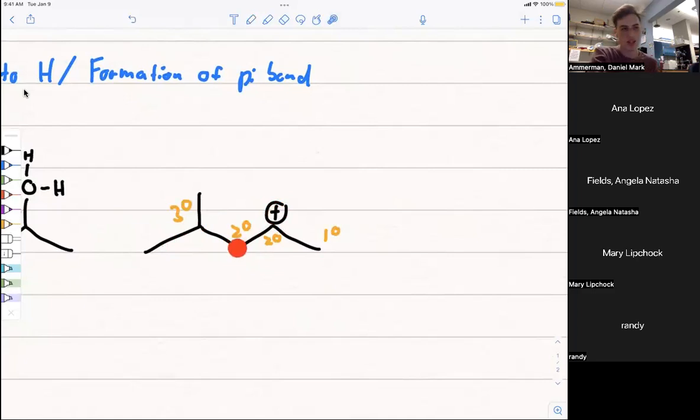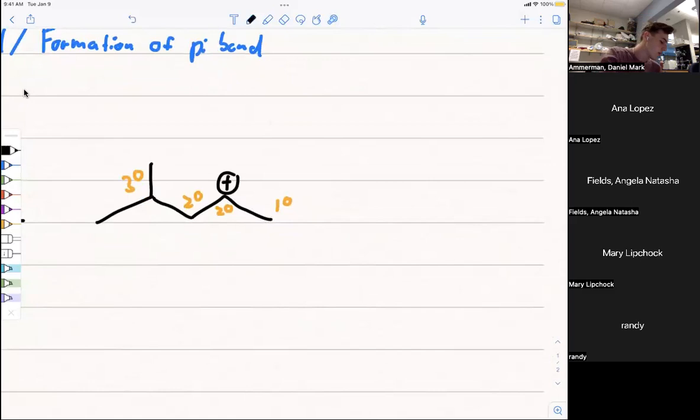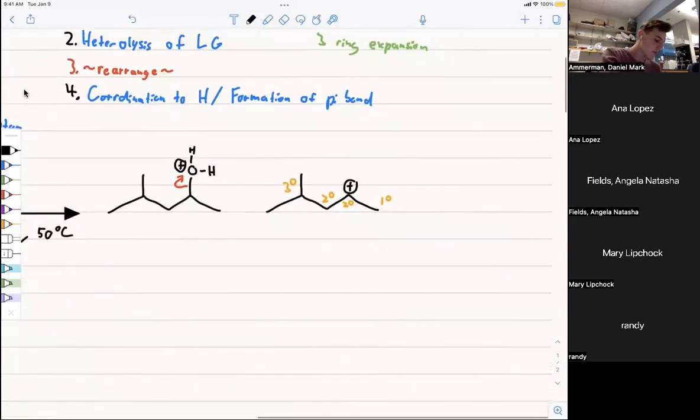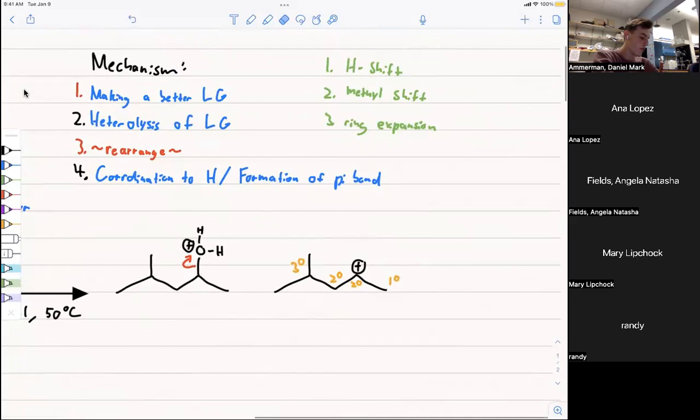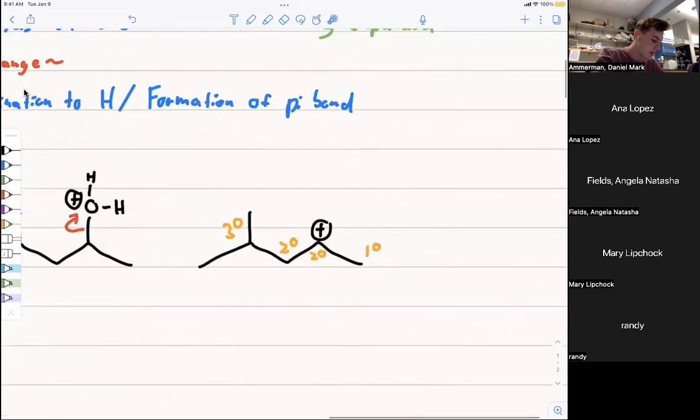This is not stable enough for the movement of that. It's not going to be favored. So what happens is we have made a better leaving group. We've heterolyzed the leaving group. We don't need to rearrange, so we're going to leave that step out.